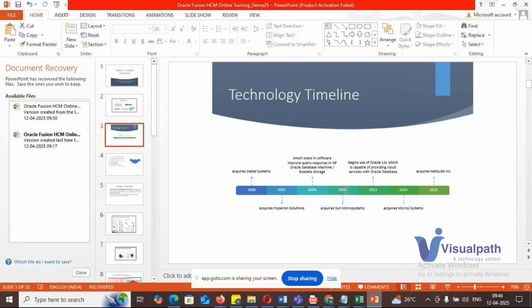Then it acquired Sun Microsystems, and in 2013 began Oracle 12c, capable of providing cloud services, the start of cloud services basically. Then in 2014, 15, 16, people are still using Oracle Fusion SCM, right? Okay, so NetSuite.